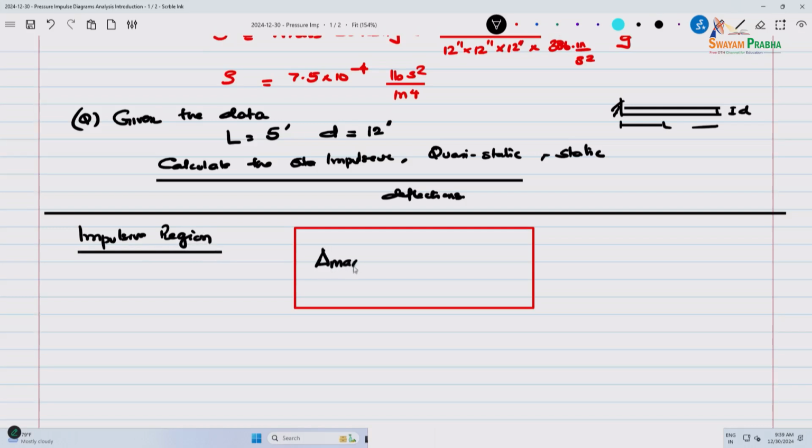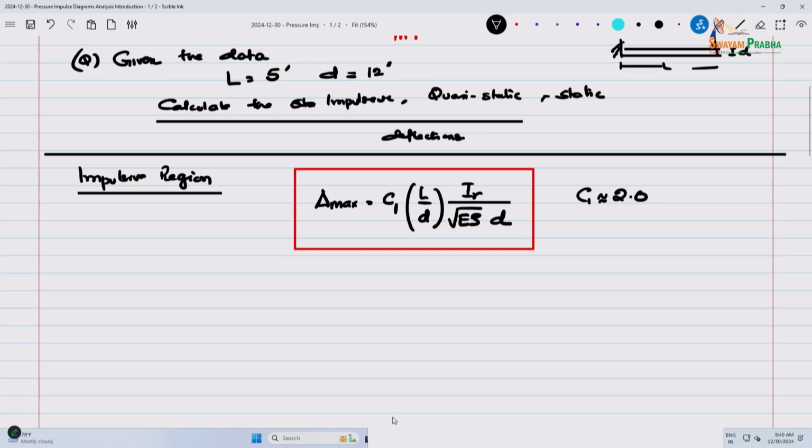So, delta max is given as C1 multiplied by L over D, then IR divided by square root of E rho multiplied by D. And C1, if you consider a loading something like this, for other, they all roughly come to around 2 plus minus range. So, let us consider an average value of C1 equal to 2.0. Keep in mind, C1 is dependent on the type of loading.